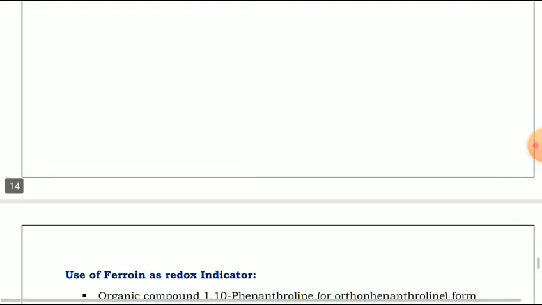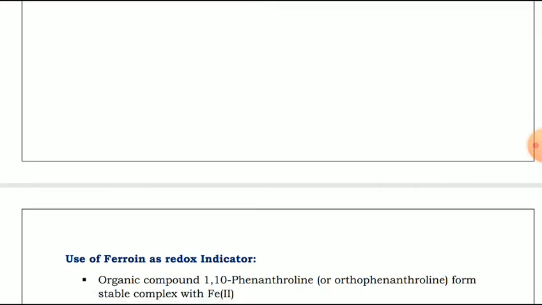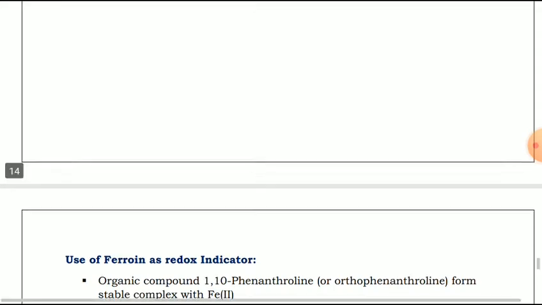The organic compound 1,10-phenanthroline, or orthophenanthroline, forms a stable complex with Fe2 plus. That means ferrous Fe2 plus forms a stable complex with 1,10-phenanthroline. That is actually the ferroin indicator.